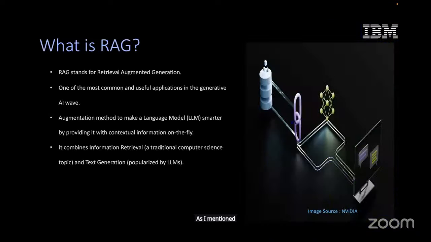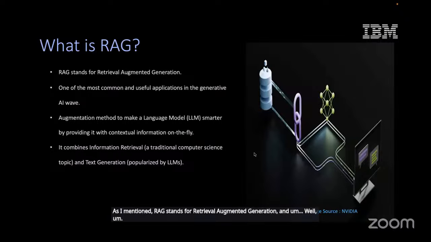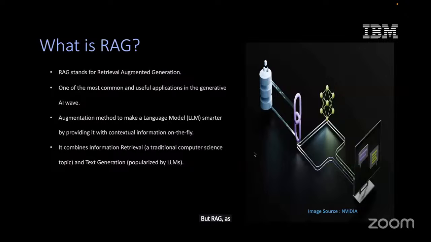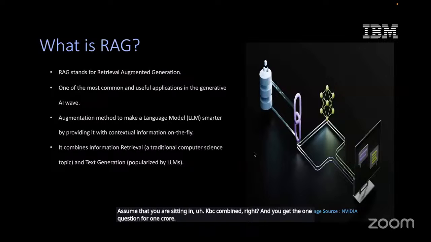As I mentioned, RAG stands for Retrieval Augmented Generation. And it is one of the most common useful applications. And again, I don't want to give you the textbook information, but if I were to give you an analogy, assume that you are sitting in KBC, Kaun Banega Crorepati hot seat, right? And you get the one question for 1 crore, all right?